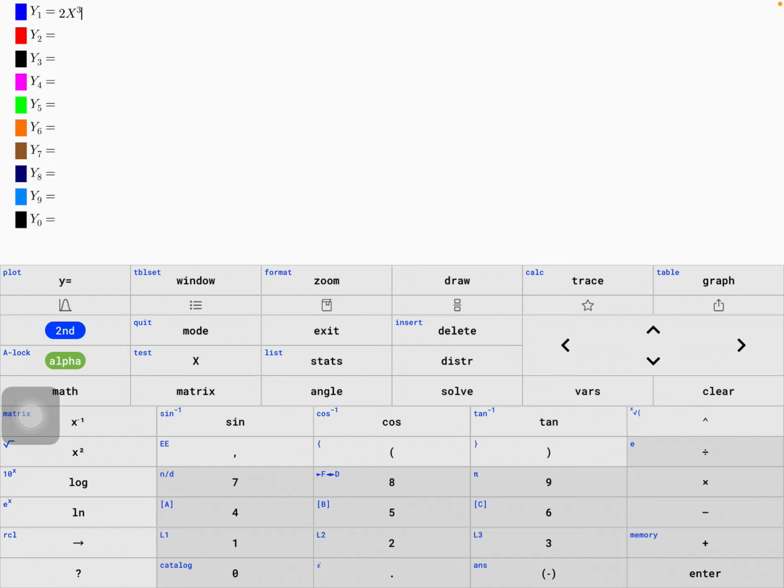And then you want to press the right arrow key, which is going to allow you to move down to the position to enter the next characters. Minus 5x squared minus 2x plus 5. And then press graph.